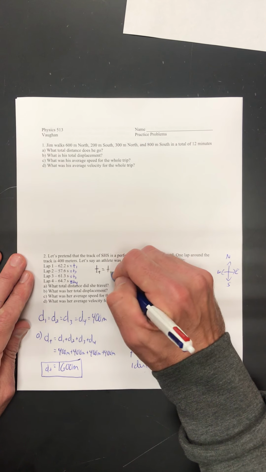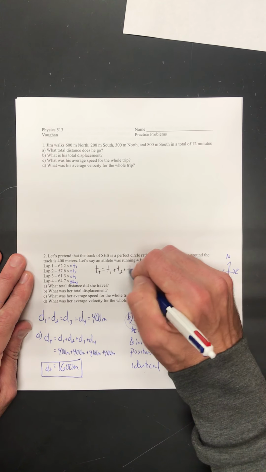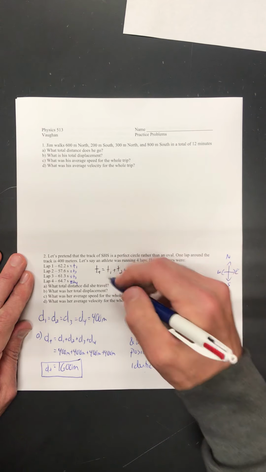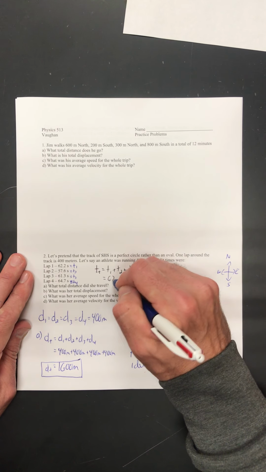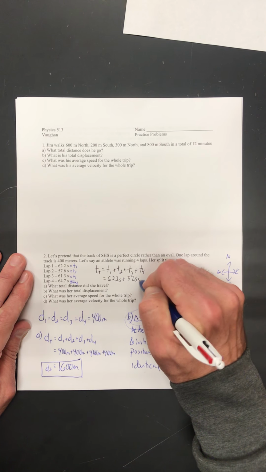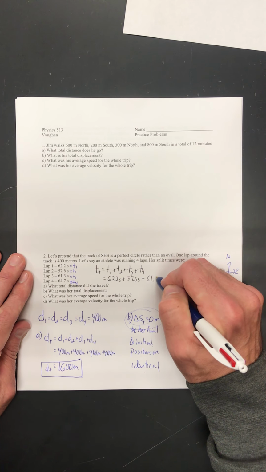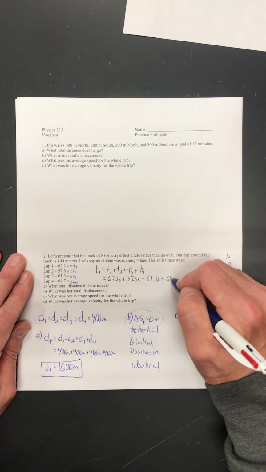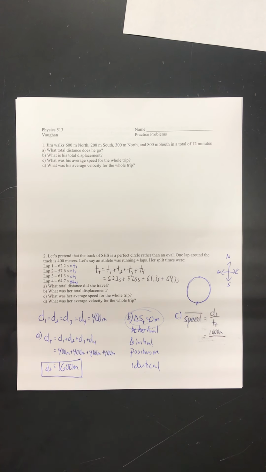Total time is time 1 plus time 2 plus time 3 plus time 4. Since we have an equation for everything we do, 62.2 seconds plus 57.6 seconds, because this is an actual calculation, 61.3 seconds plus 64.7 seconds. And then we can figure out what that total amount of time is.